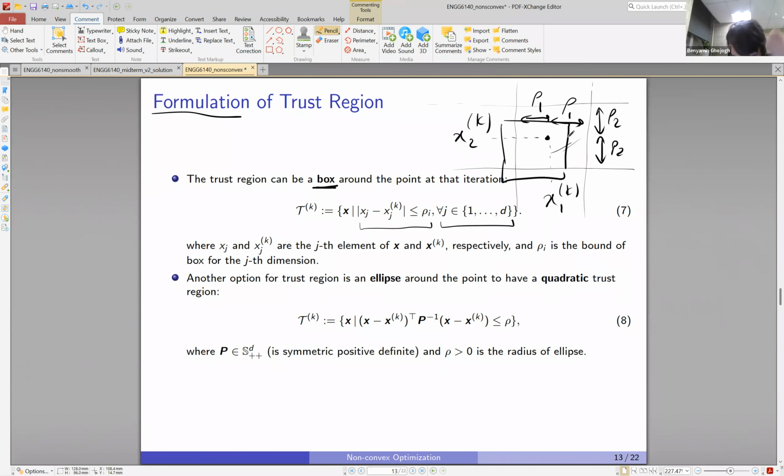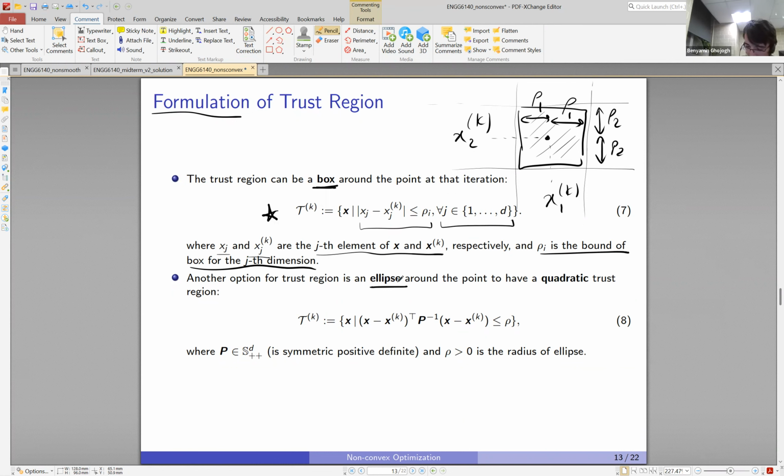Another option for trust region: it can be either a box or an ellipse. So we can have a quadratic trust region. Rather than a hypercube, we can have an ellipse around the point, like this. So all of the points which are in the neighborhood of xk, inside an ellipse. For example, this is x in 2 dimensions.